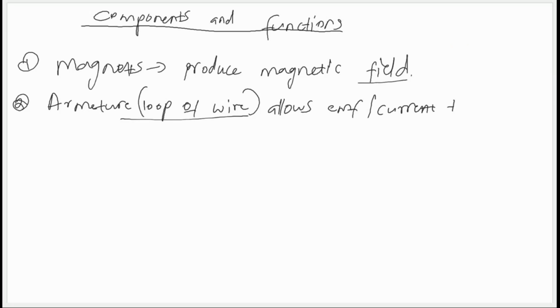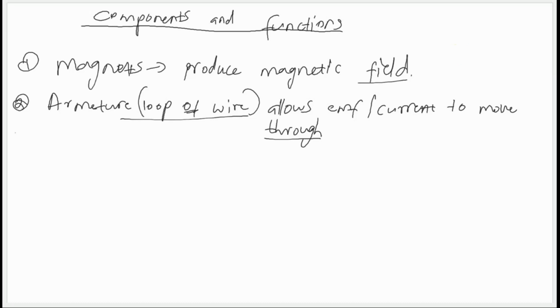So the armature just allows the current to move through it. That's the simple function of an armature. You can call it an armature or a loop of a wire. It's the same thing. I'm just saying, in case you see the word armature and you get lost, it's just a loop of a wire.